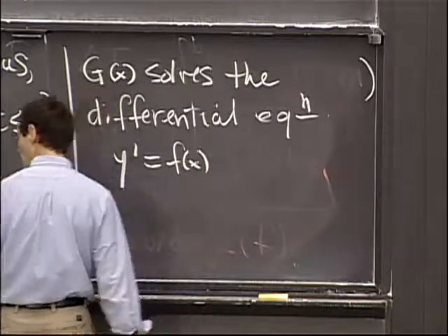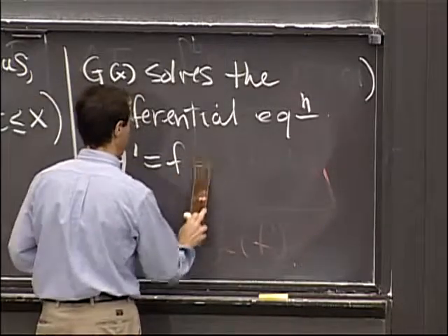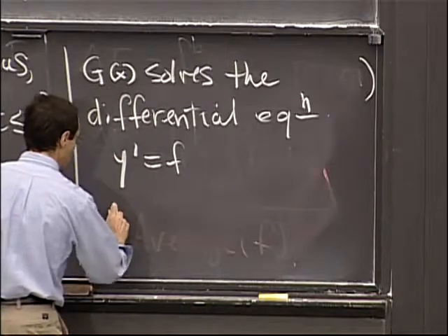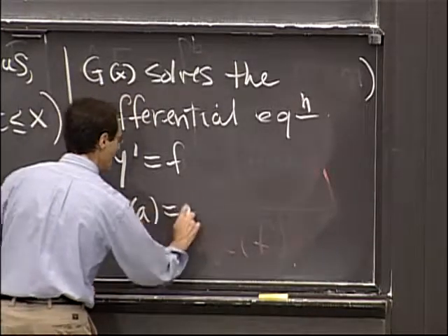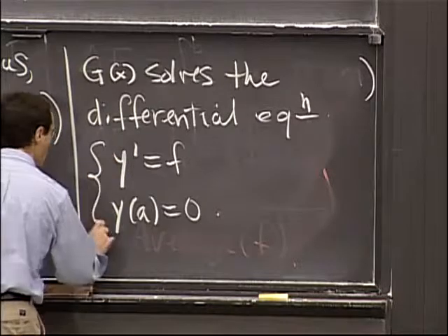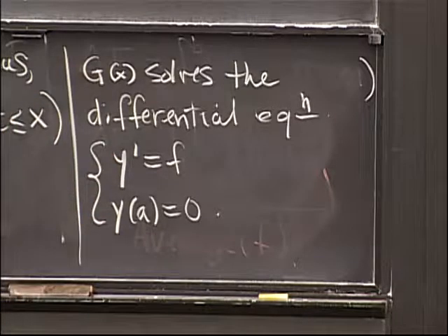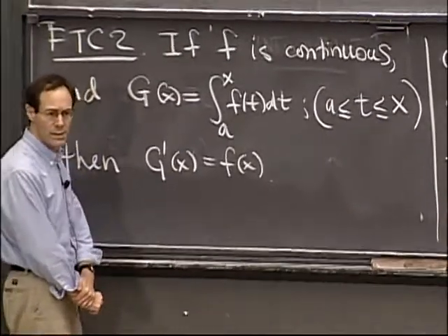So y prime equals f. Shouldn't you put the x in if I got it here? With the condition y of a is equal to 0. So it solves this pair of conditions here. The rate of change and the initial position is specified here because when you integrate from a to a, you get 0 always.